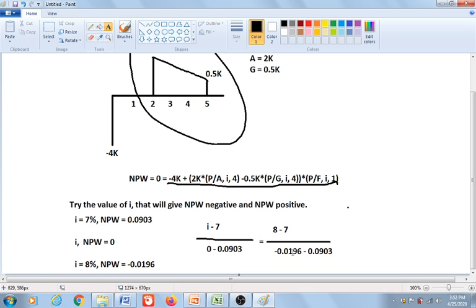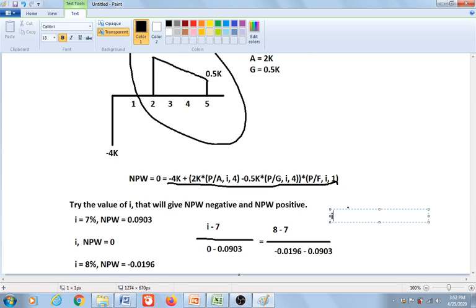And when you solve this equation, you're gonna get I equal to 7.82, and therefore the rate of return for this problem is 7.82%.